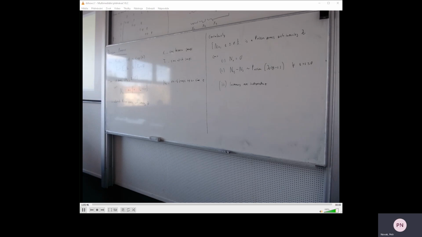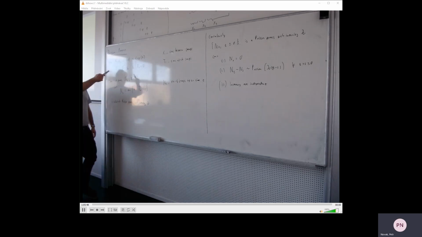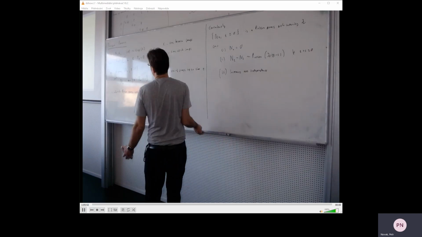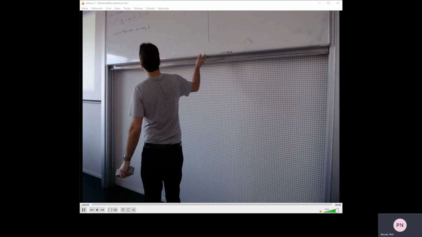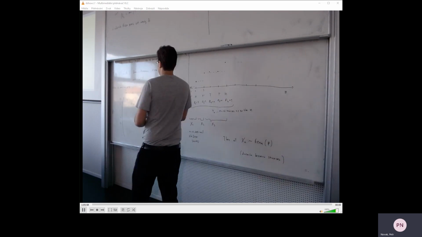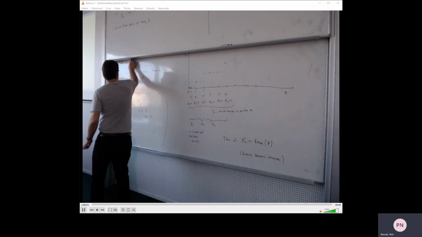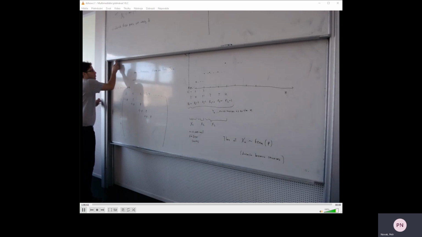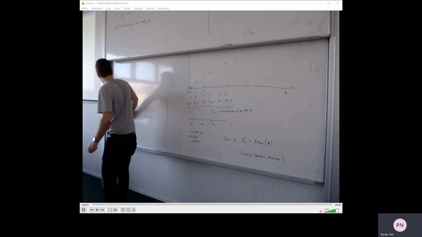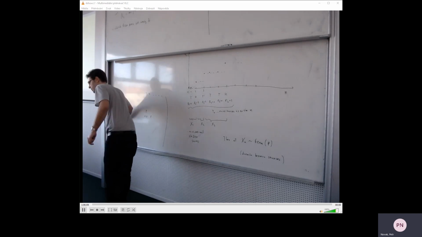Now, I have said that the times between the increments need to be distributed geometrically, or rather exponentially. The exponential distribution itself is often used for measuring time until something happens.